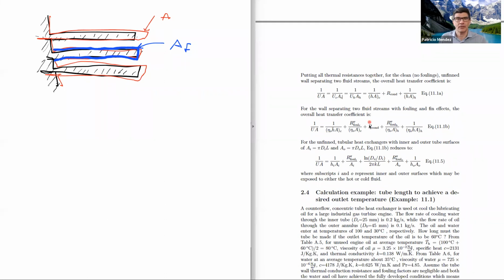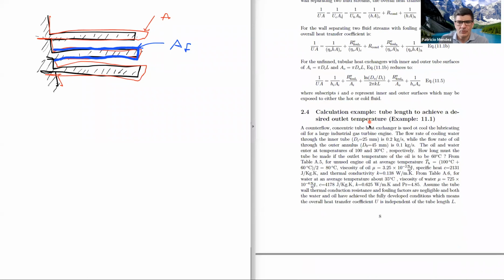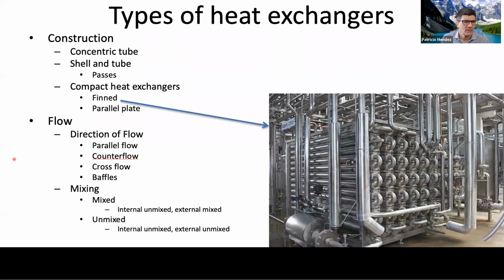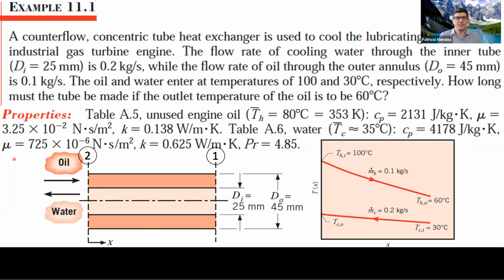Let's do an example then. This is an example from the book. So in addition to what you see here and what you can see if you watch the recorded video again, you can also go to the book and go step by step.